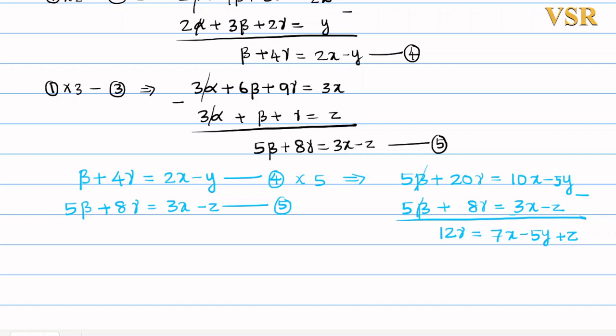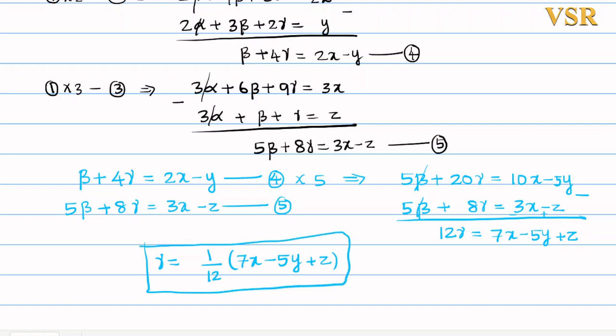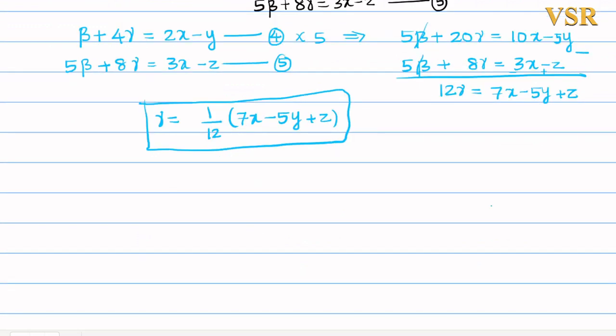So gamma equals 1 by 12 times (7x minus 5y plus z). This is my first value. Now substitute this in the fourth equation.